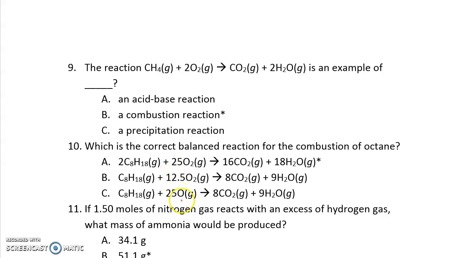And by the way, you cannot just say oxygen O. Oxygen is a diatomic molecule, so it must be O2. Okay, over here, you cannot use a decimal or a fraction coefficient. It must be a whole number. So it cannot be like this, it cannot be like this. This one is the correct one.